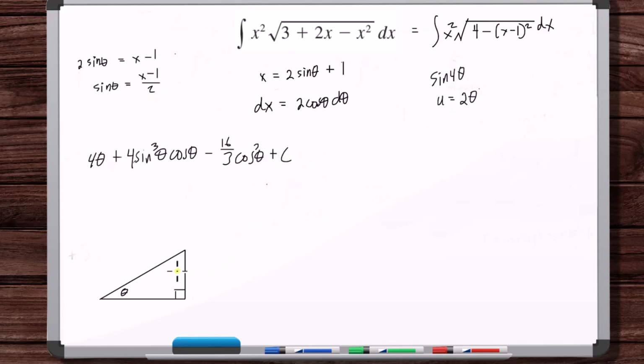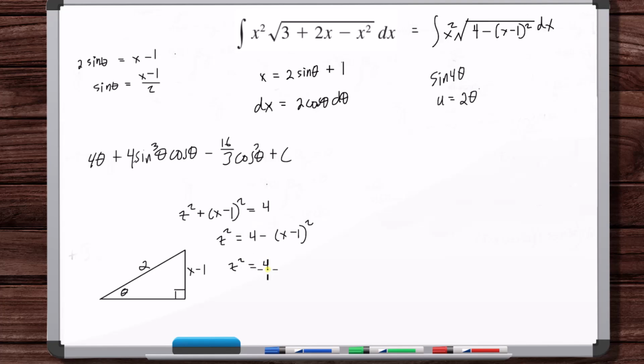So sine theta is equal to opposite over hypotenuse. Okay, if this side is z, then you've got z squared plus x minus 1 squared is equal to 2 squared. So z squared is equal to 4 minus x minus 1 squared.